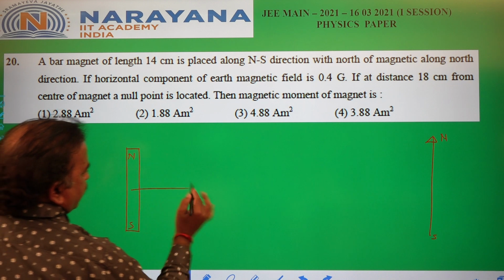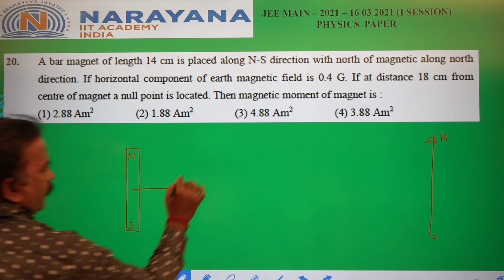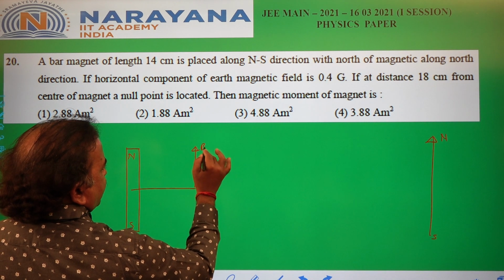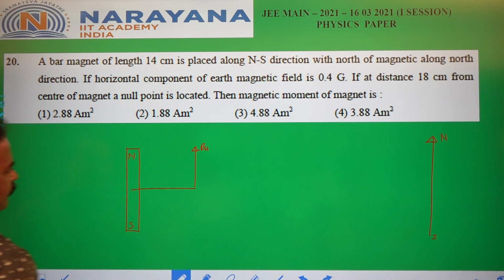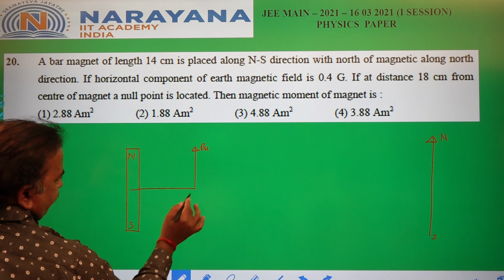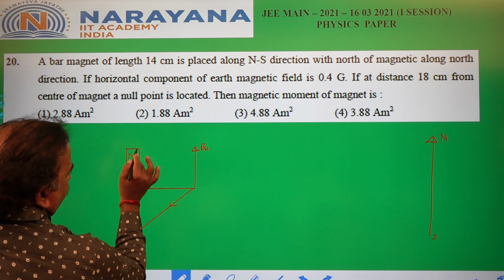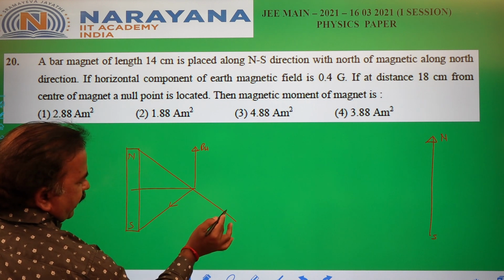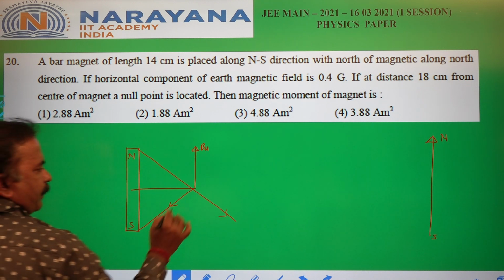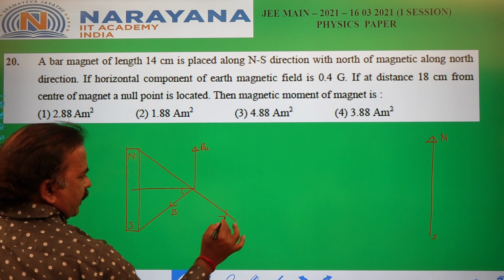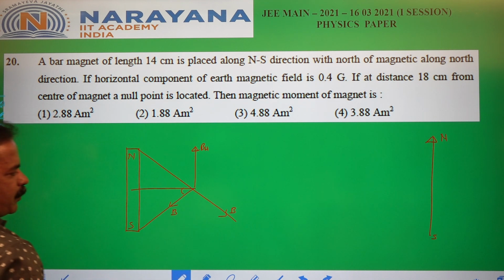From the center, we know Earth's horizontal component will be acting in this direction, and if you place a unit pole, these are the field directions because of the unit pole making an angle theta here. This is B, this is also B because of the unit pole.